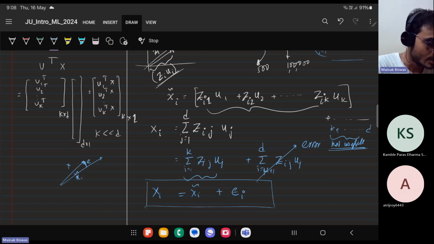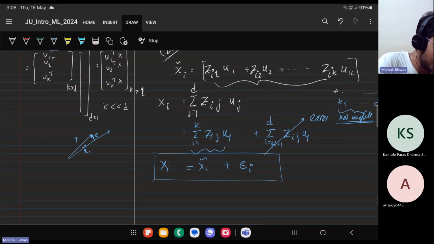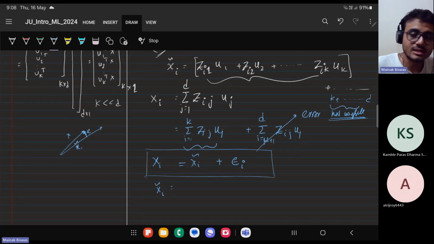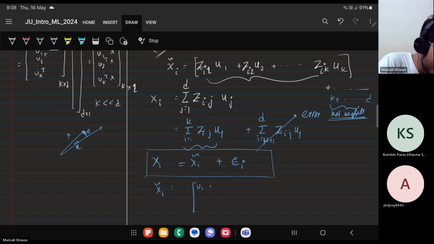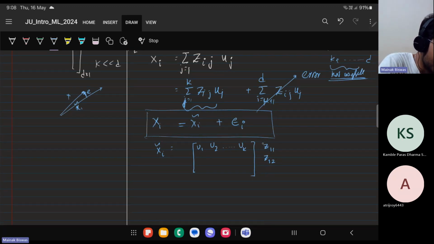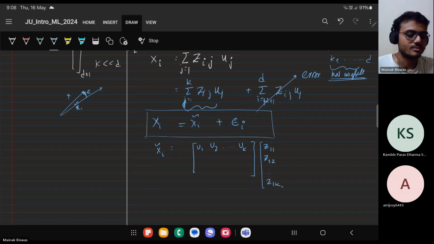Good. So now if that is clear to you, can I write xi tilde as U1, U2, dot dot dot UK and Z1 1, Z 1 2, dot dot dot Z 1K, right?